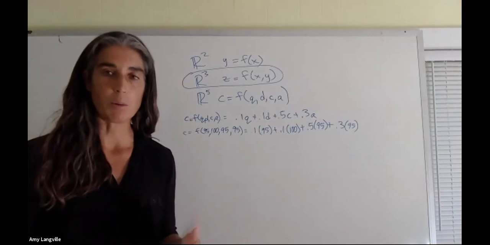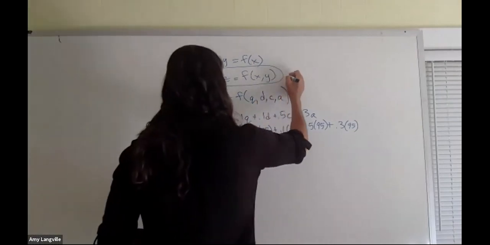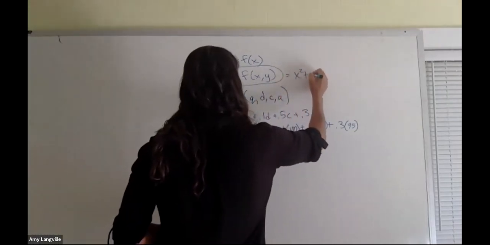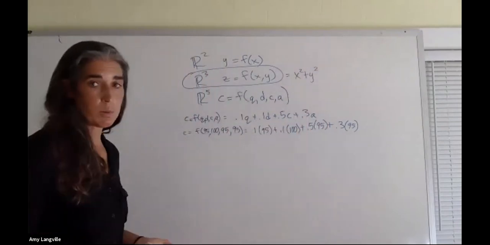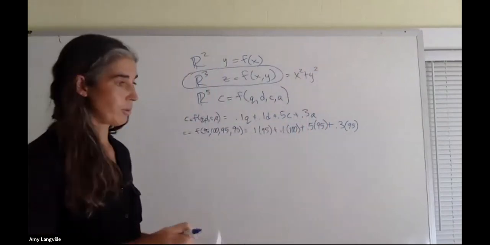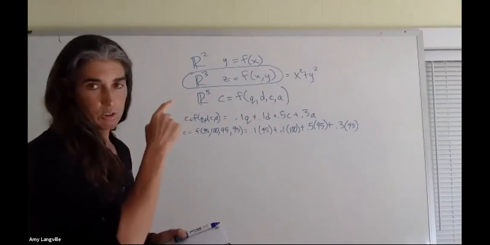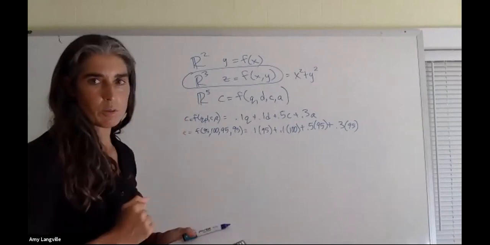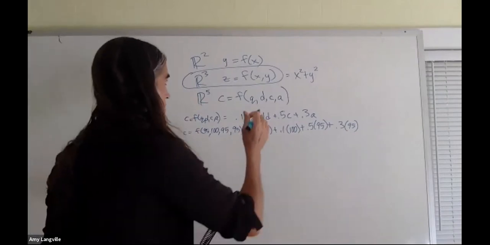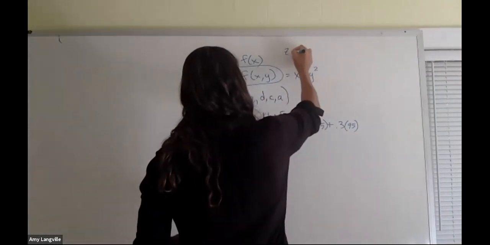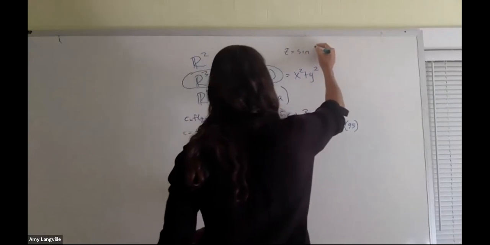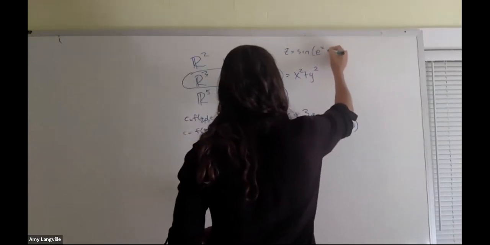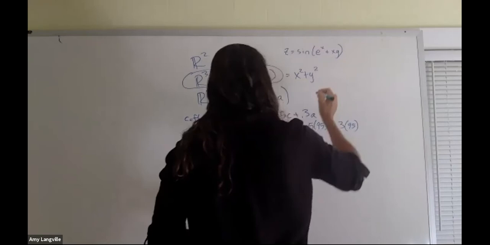Our goal is to be able to visualize something like this eventually: z is a function of x and y, and it's x squared plus y squared. Pretty soon you'll be able to, off the bat, visualize that and graph it. You'll be able to see it in 3D and then graph it on a 2D piece of paper. But things could be even more complicated. Maybe we have some signs in there. Maybe it's e to the x plus xy, right?